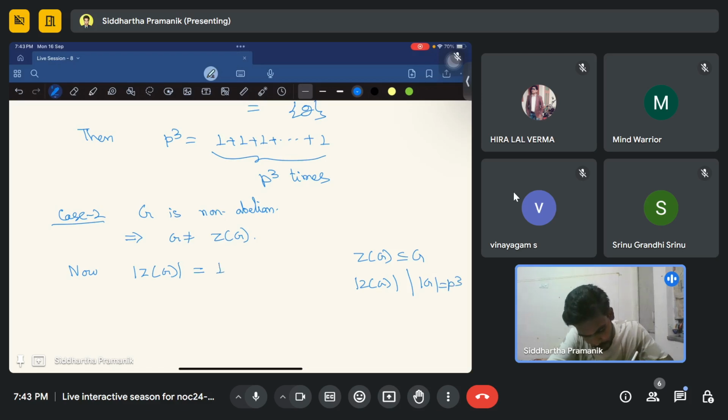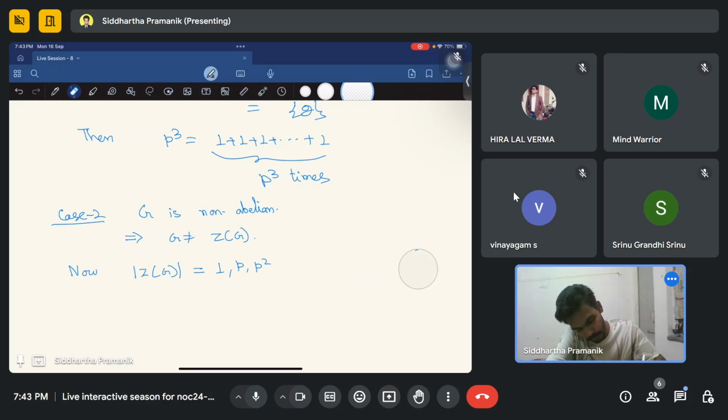So it can be 1, P, Q, or PQ, right? But since G is not equal to Z(G), it cannot be PQ. This is by Lagrange's theorem.